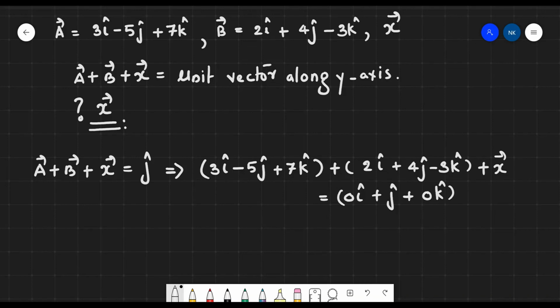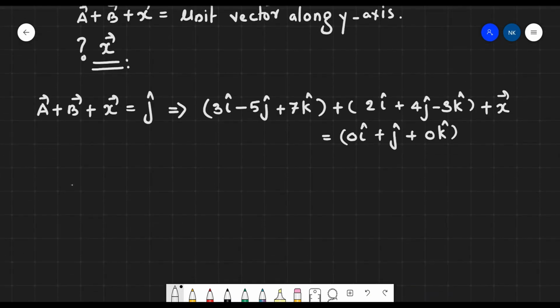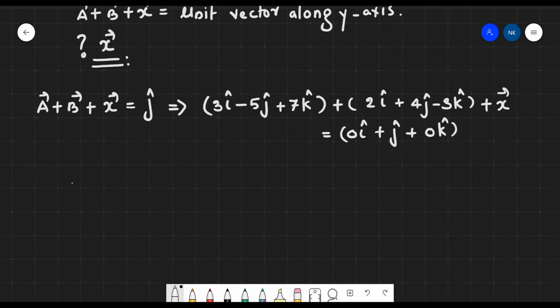Okay, now leave x vector on left hand side and take the rest off. Now let us add these two first of all. इन दोनों का एडिशन कर लेते हैं. 3 plus 2, 5 i cap plus minus 5 plus 4, that is minus 1 j cap plus, next is plus 7 minus 3, so it is plus 4 k cap.